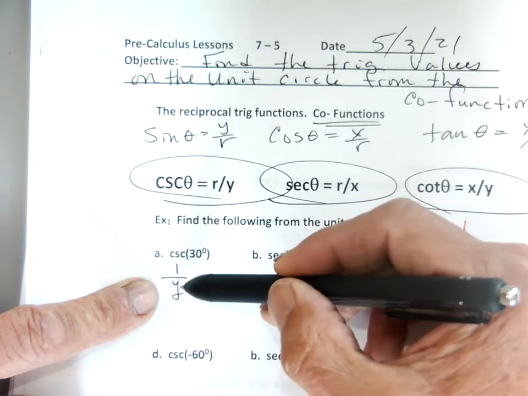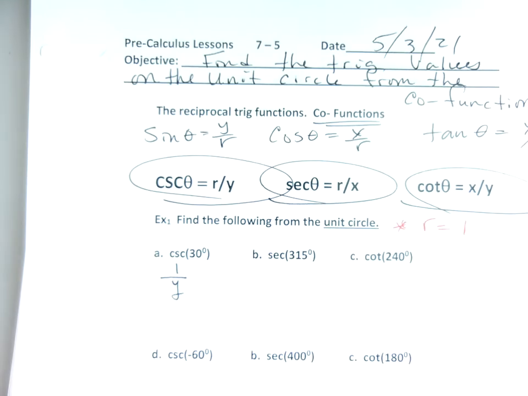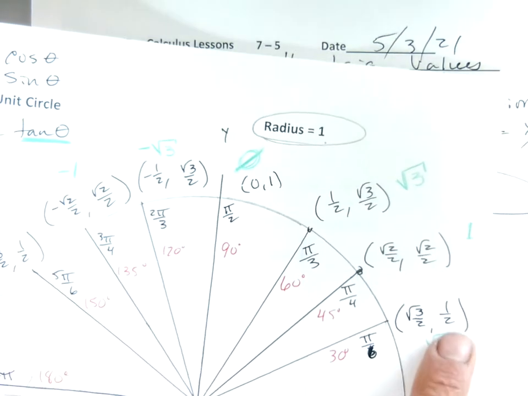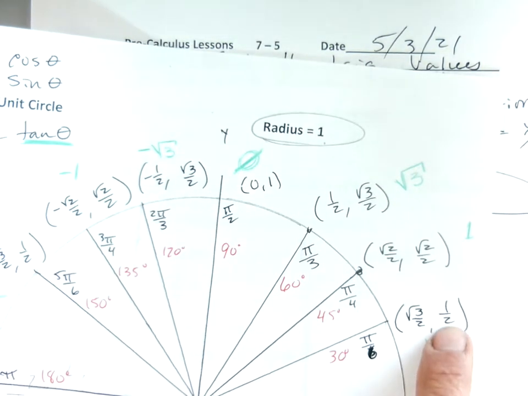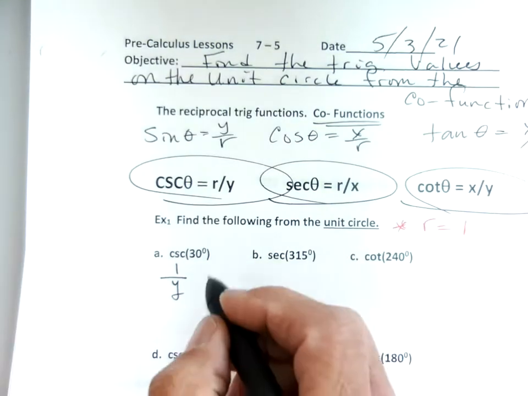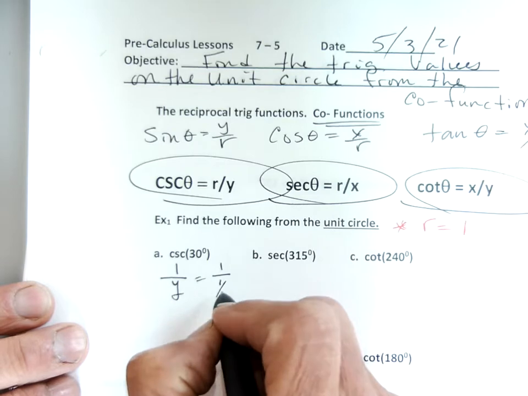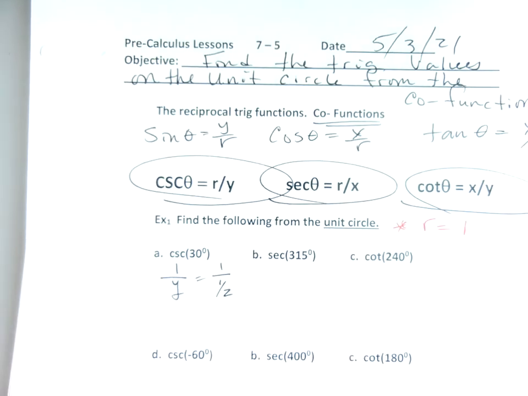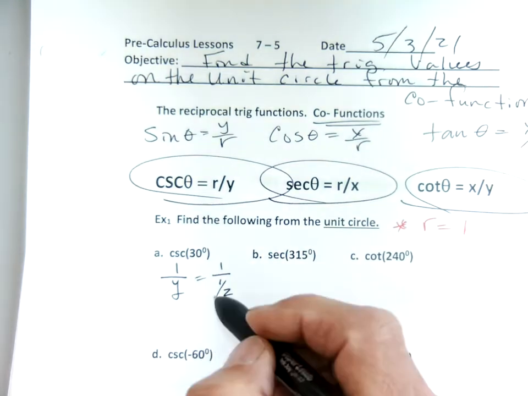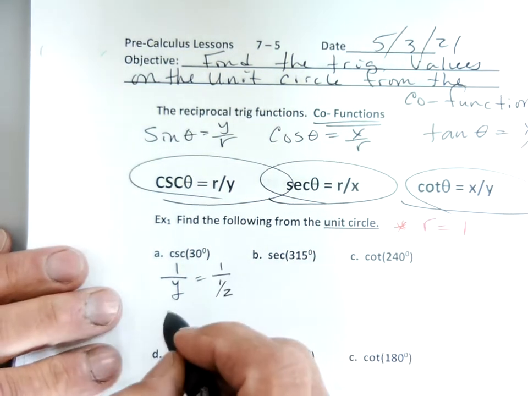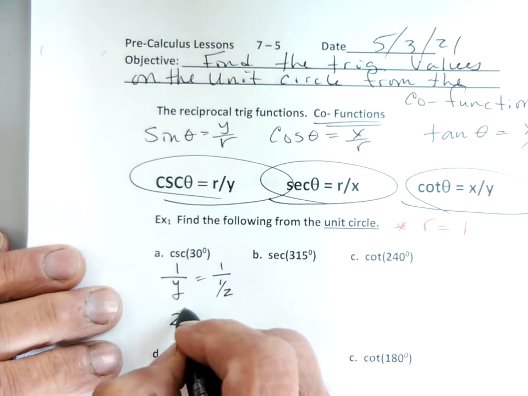So cosecant's really 1 over the y. So I go to 30 degrees, and the y value is 1/2, okay? So what I'm going to have is 1 over 1/2, which is just 2. You okay with that? If I just flip it up, the answer is just 2.